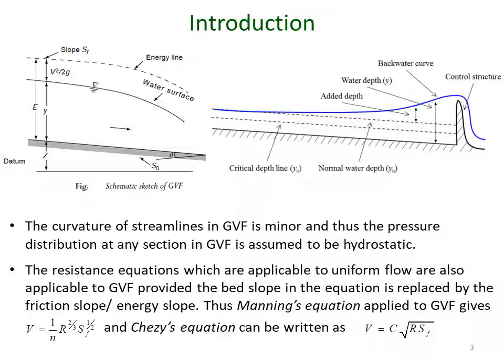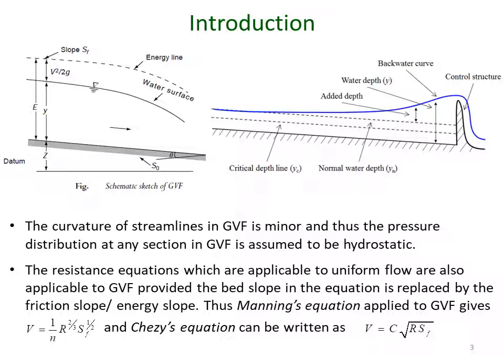Before that, there are a couple of assumptions that we are going to apply in the derivation of the differential equation. Number one, the curvature of streamlines in the gradually varied flow is minor, and thus the pressure distribution at any section in GVF, or gradually varied flow, is assumed to be hydrostatic.